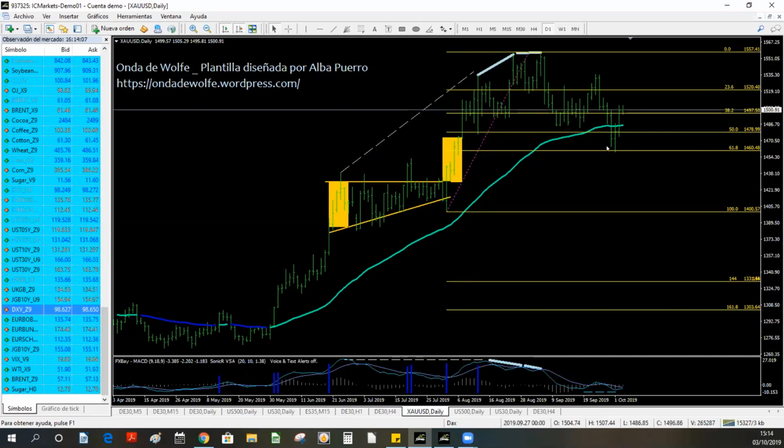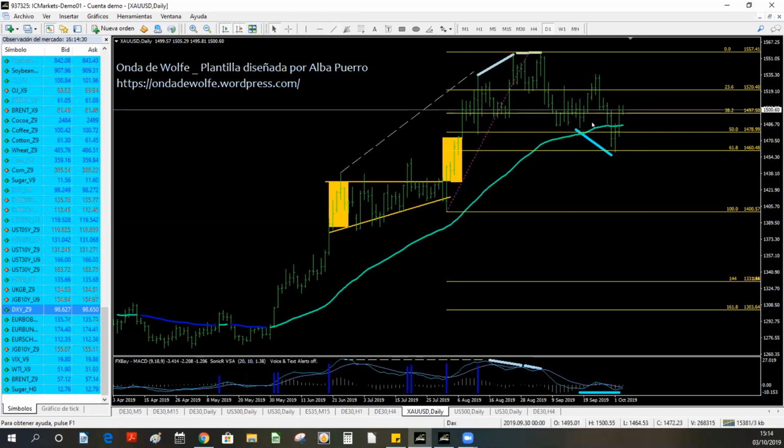Now the price is bouncing on the 71.8 level, and we have a bullish divergence here in the last 2 peaks. The price is falling, and the MACD is not. So now the price is bouncing.